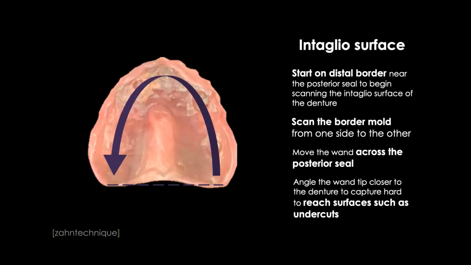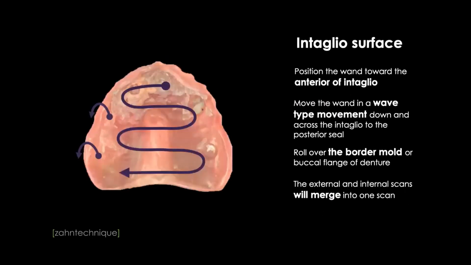Scan the border mold from one side to the other, move the wand across the posterior seal. And then same thing with the wave, right? On the intaglio surface, position the wand toward the anterior of the intaglio, and you go in waves to capture that palate intaglio surface and roll over to the border mold, what you border molded with your impression material, to capture that.